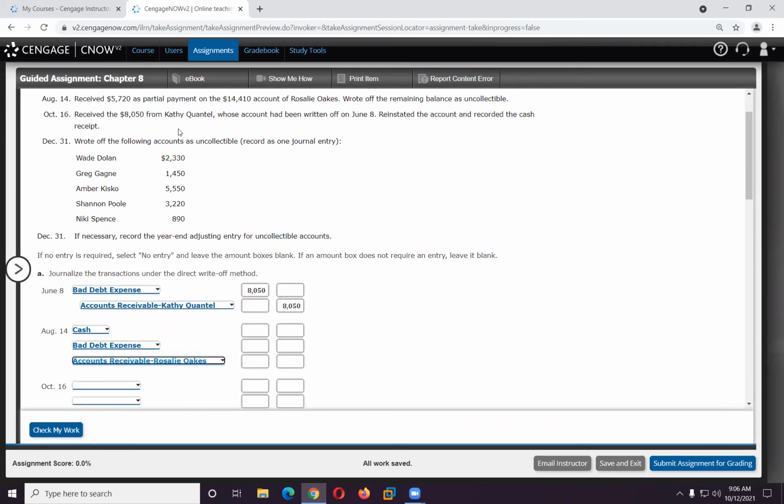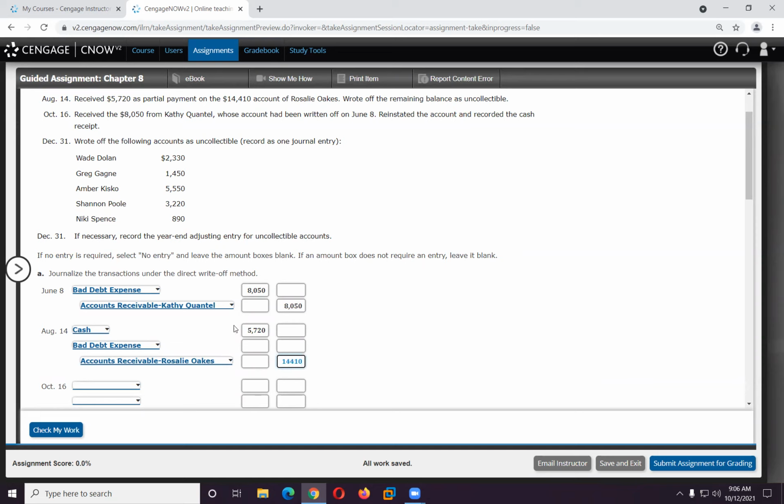In this case with Rosalie, she paid $5,720 in cash. So our cash goes up, or is debited, $5,720. Our bad debt expense, well, we know that her account was $14,410.